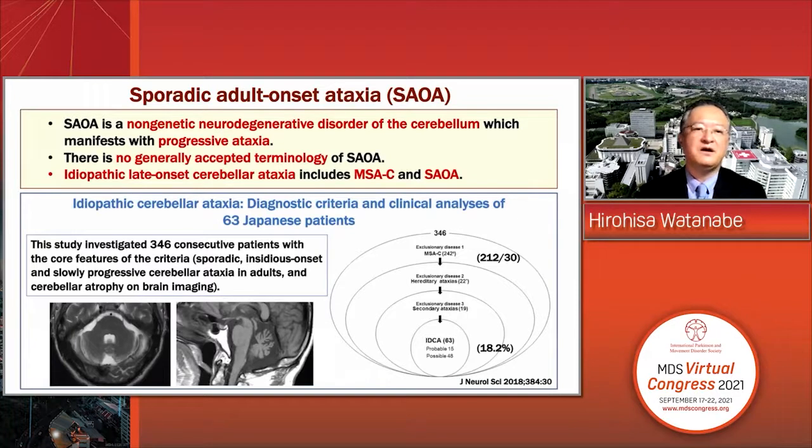In Japan, several investigators studied idiopathic cerebellar ataxia to establish clinical diagnostic criteria. This study investigated 346 consecutive patients with the core features of the criteria: sporadic, insidious onset, and slowly progressive cerebellar ataxia in adults, and cerebellar atrophy on brain imaging like this one.